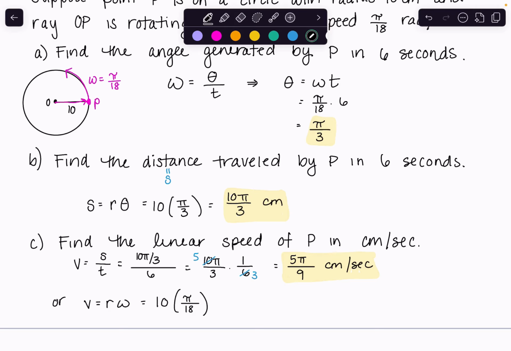Both of those are divisible by 2, so that gives you 5 over 9. So you do end up with exactly the same thing if you go to this equation. And again, although it's simpler, it is another formula you would then have to remember. So I'm not the biggest fan of going this route, but you absolutely can, okay?